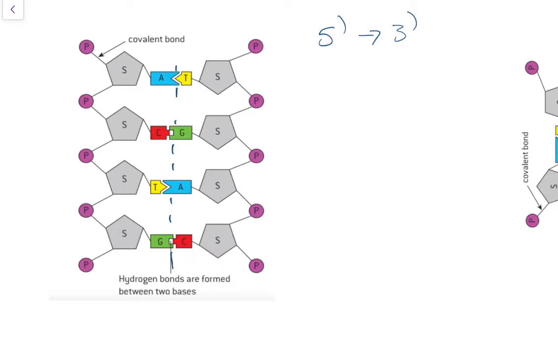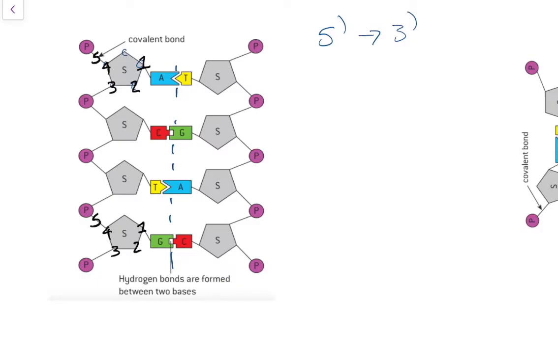We label these carbons, these are all carbons in the deoxyribose sugar, with numbers 1, 2, 3, 4, and at the top, although we don't draw it out, there is 5. So if we go down to the bottom one, 1, 2, 3, 4, 5.